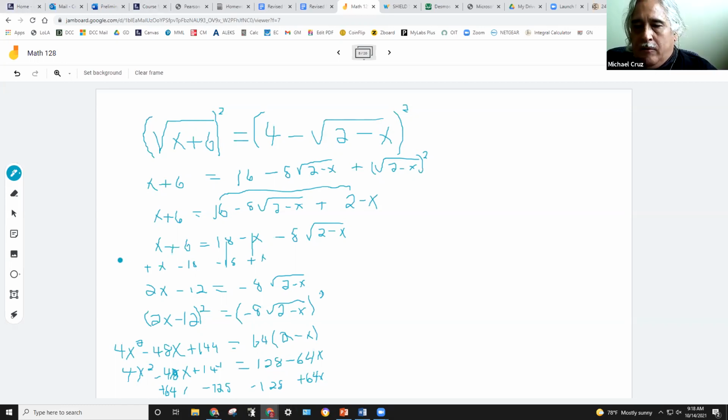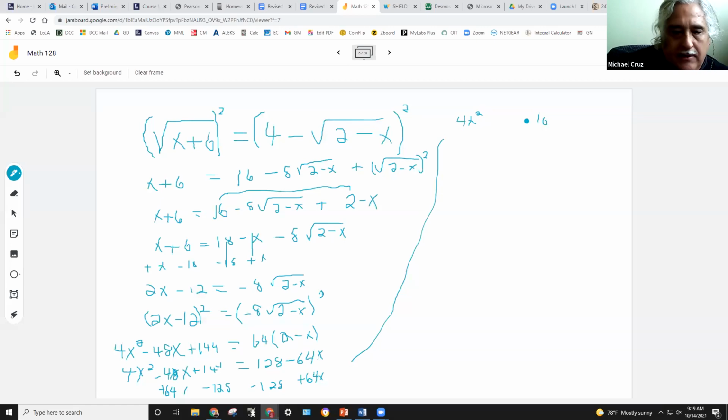So now, moving up here, we got 4x squared, and then the 144 minus 128 is just going to be 16. And then we got 48 minus 64.